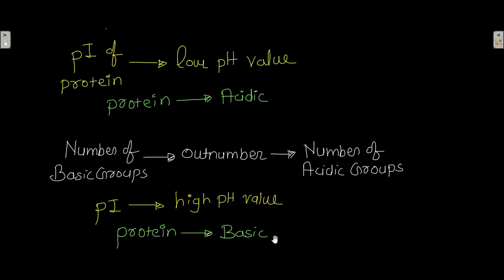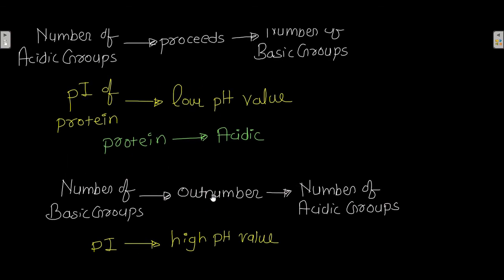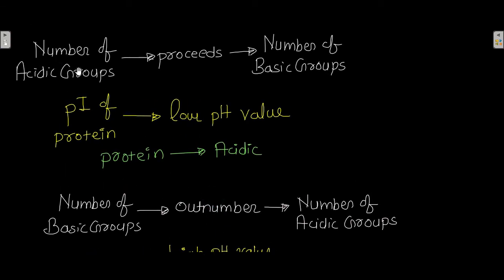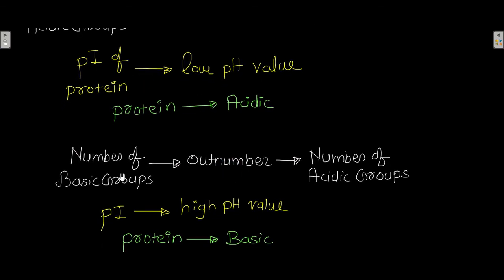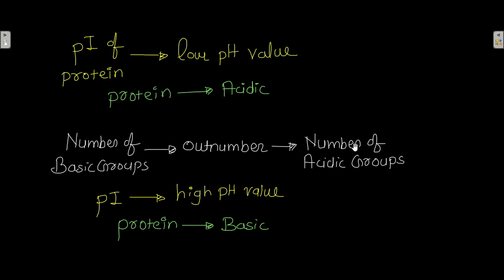Okay, so if acidic groups outnumber basic groups, the protein is acidic and its pI is at a low pH value, and if basic groups outnumber acidic groups, the protein is basic and its isoelectric point is at a high pH value.